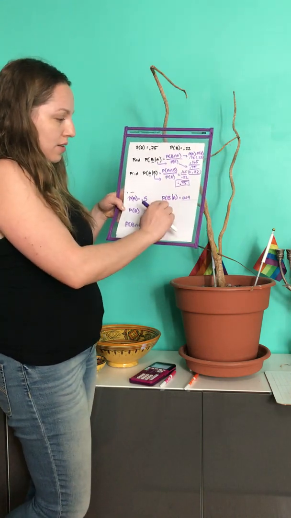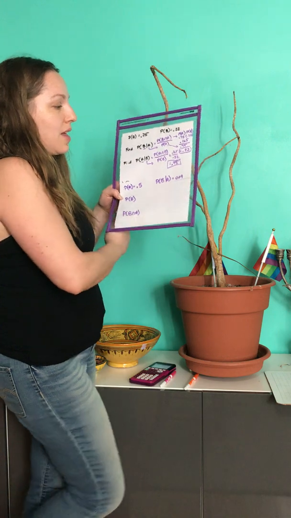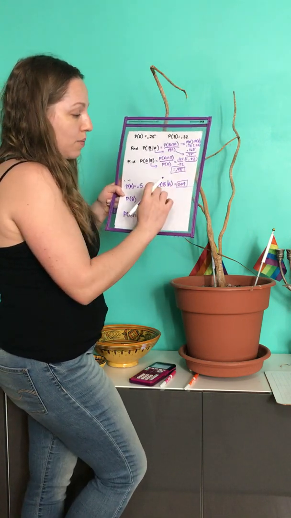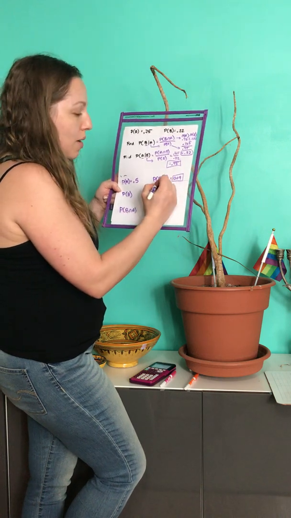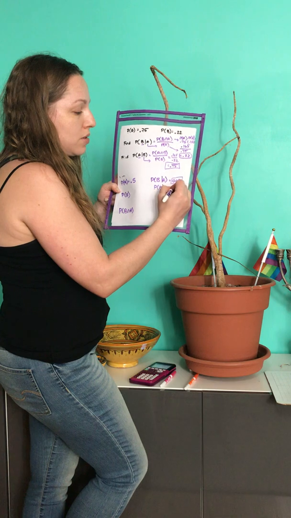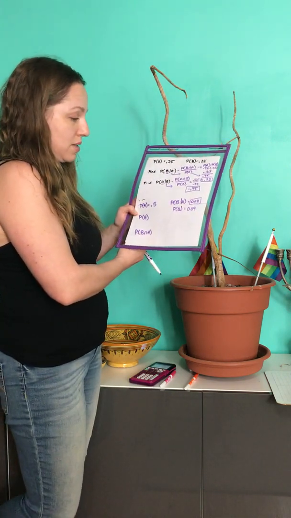So here, if I know this given, the probability of B given A, this is going to be the same as the probability of B. So that means my probability of B is also going to be equal to 0.09 because these are independent events.